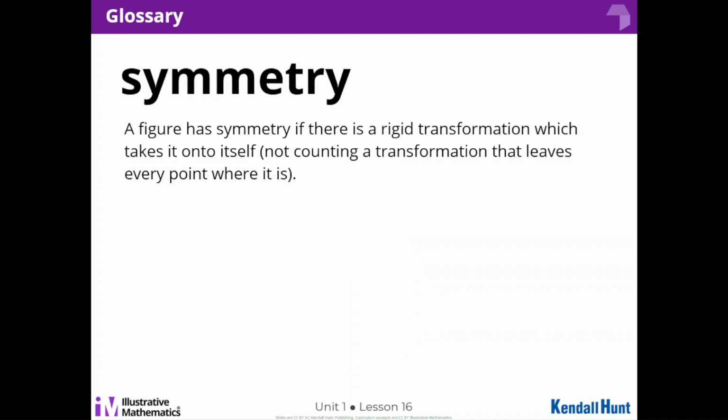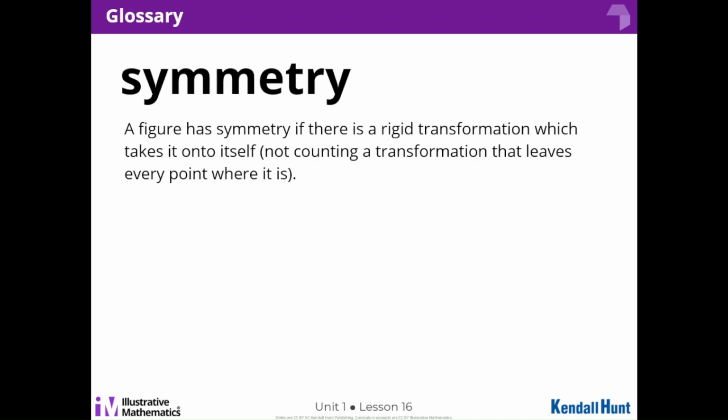Our next term is symmetry. We say that a figure has symmetry if there is a rigid transformation which takes it onto itself, not counting a transformation that leaves every point where it is. So again, we would not say that we would rotate it 360 degrees because then every single point stays right where it is.